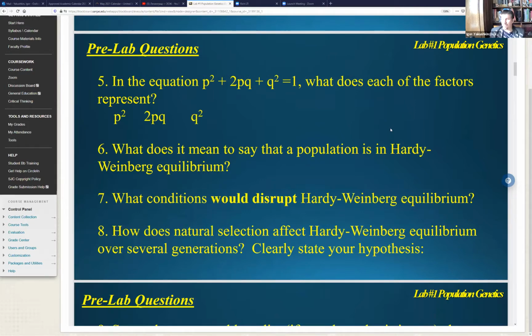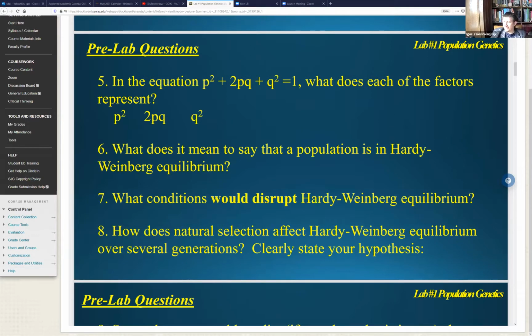Now, conditions to disrupt the Hardy-Weinberg equilibrium. There are quite a few of those. Now, get your notes, and you will need to write it down. Why? It will be on the test. It's a short answer on the test. I'm paraphrasing, but it will be something like, name 4 conditions which will disturb the Hardy-Weinberg equilibrium.